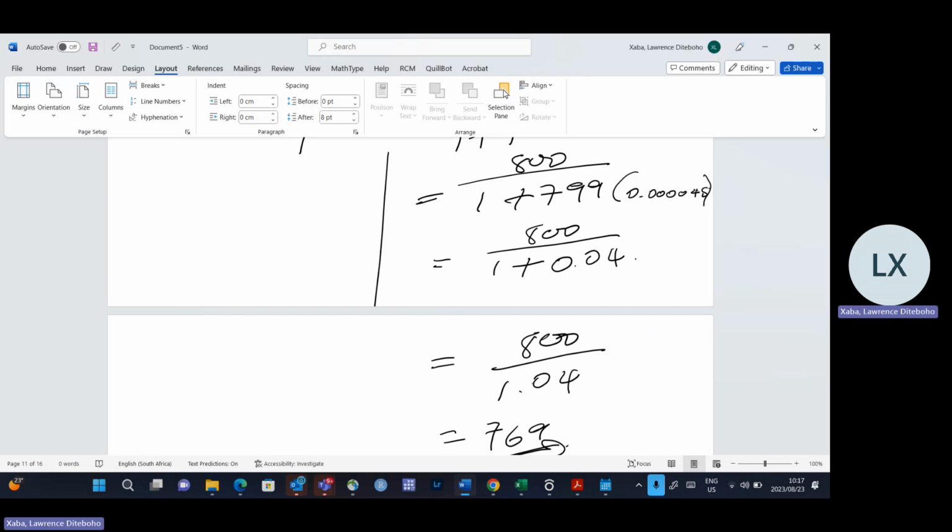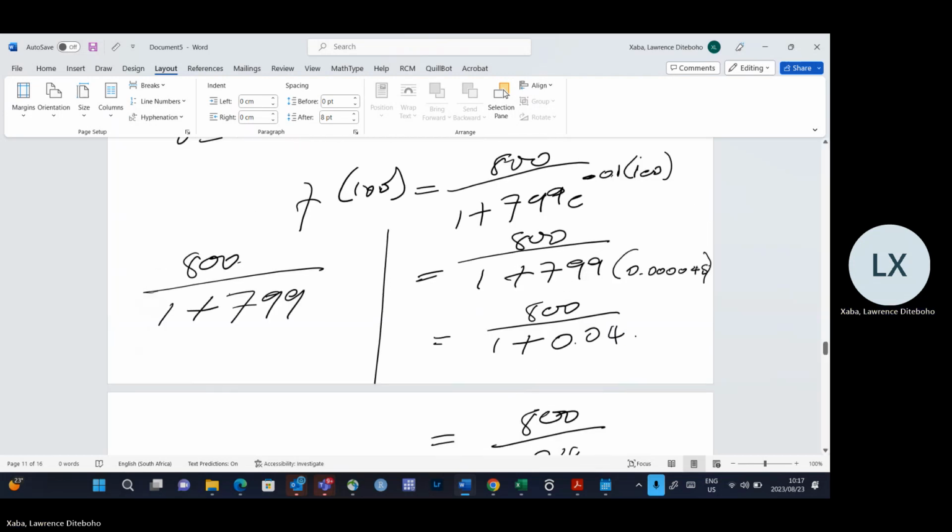Let's draw a line here. Let's see if we take it the way it is. We say 800 divided by 1 plus 799 e to the power negative 0.1 times 100. What are we going to get? But I prefer to do it step by step so you can see how it goes.